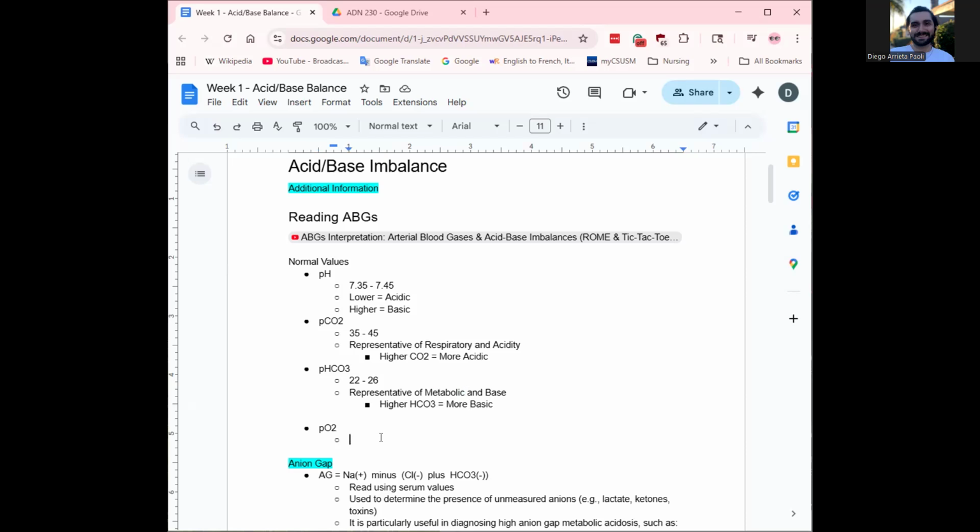And then the PO2 is not something they really focus on in this class, but I just wanted to give the normal value. The partial O2 is 80 to 100.